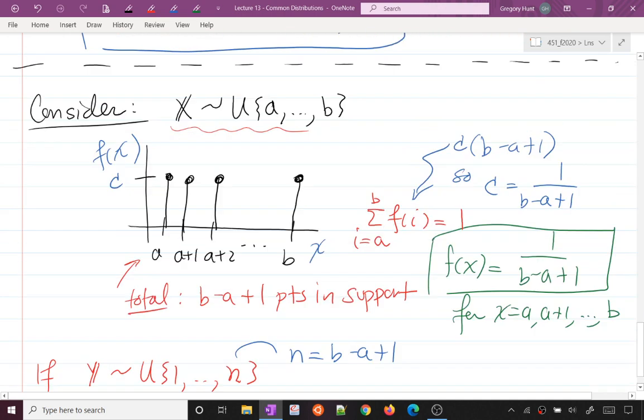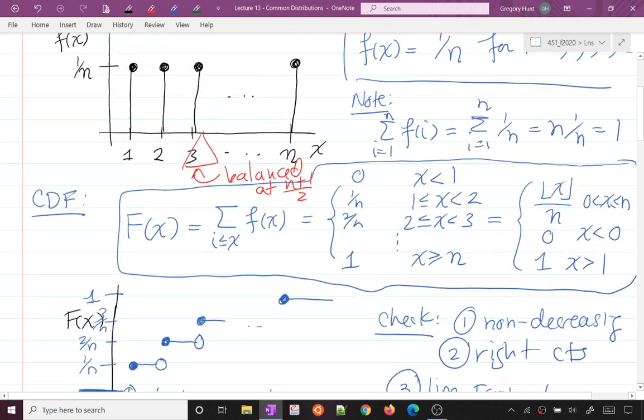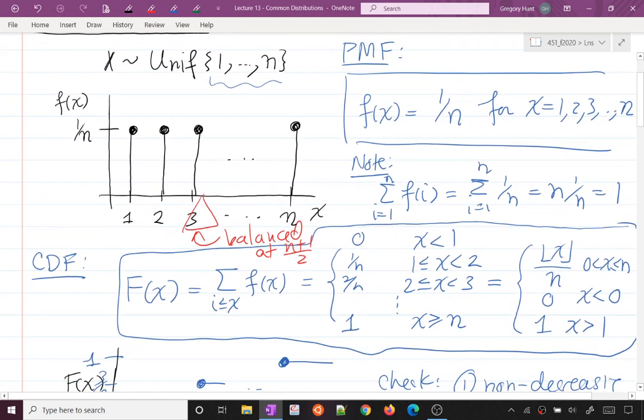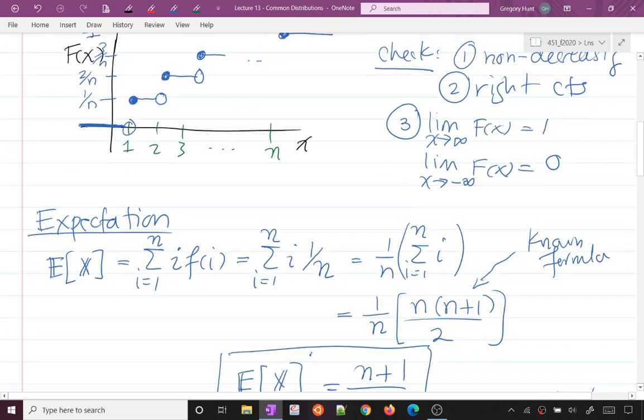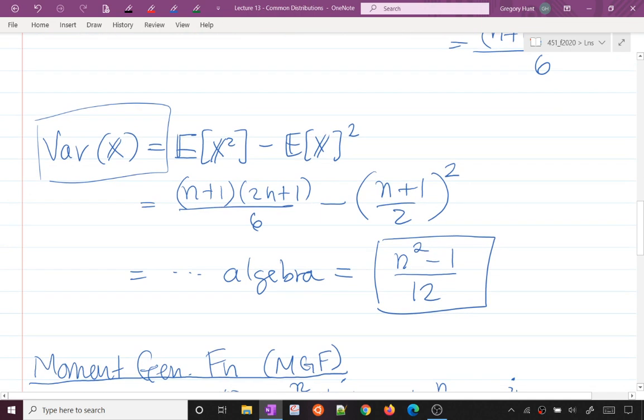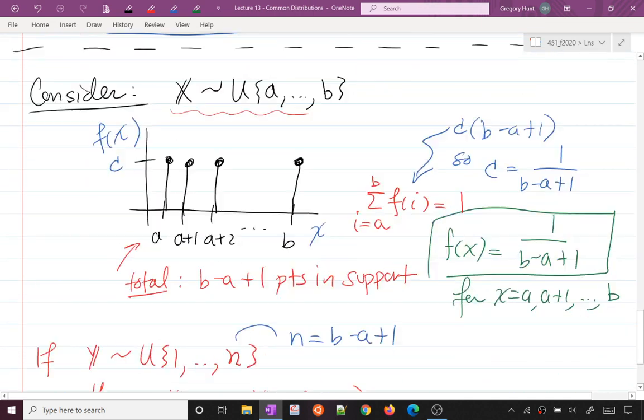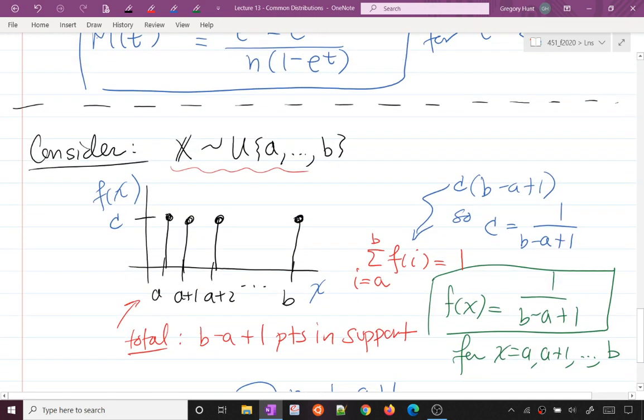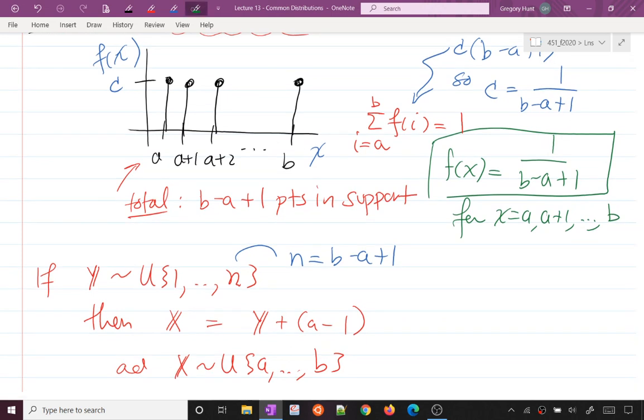So, for example, what did we calculate up here? We've already looked at what the PMF would be. The CDF is not super interesting, but we can look at expected value, variance, and moment generating function. As we said, the PMF is still 1 over n, but in this case n is b minus a plus 1. That's similar.